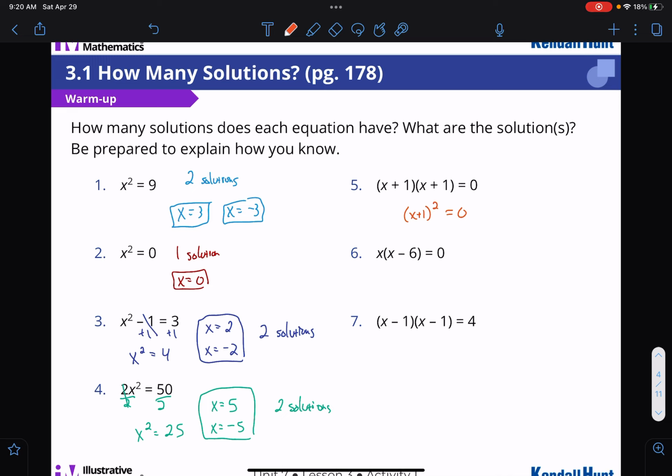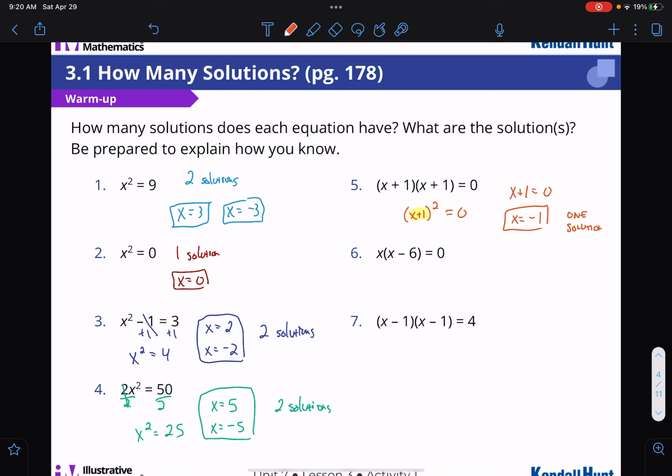So something times itself is going to give me 0, which means this something inside the parentheses has to become 0. So x plus 1 has to become 0. The only way for x plus 1 to be 0 is for x to be negative 1. So there's only one possible solution here.